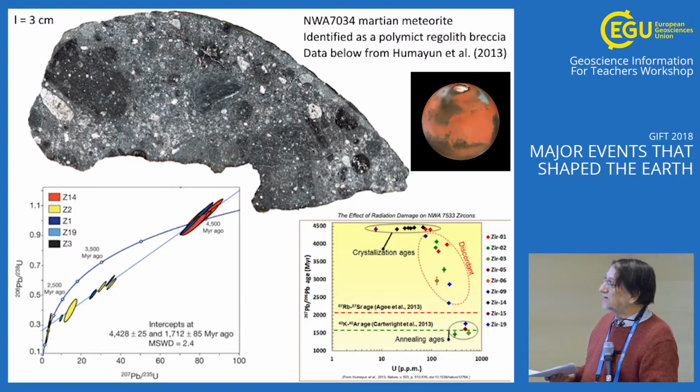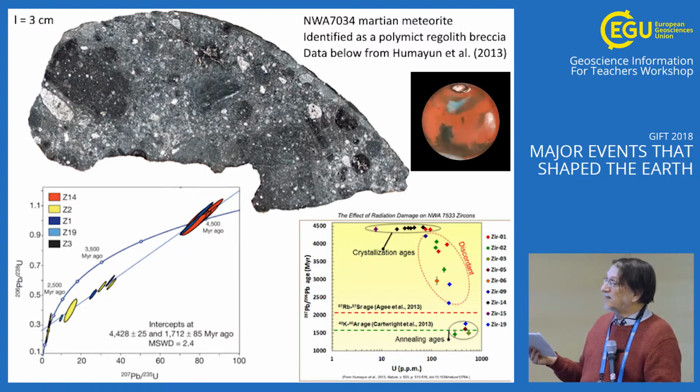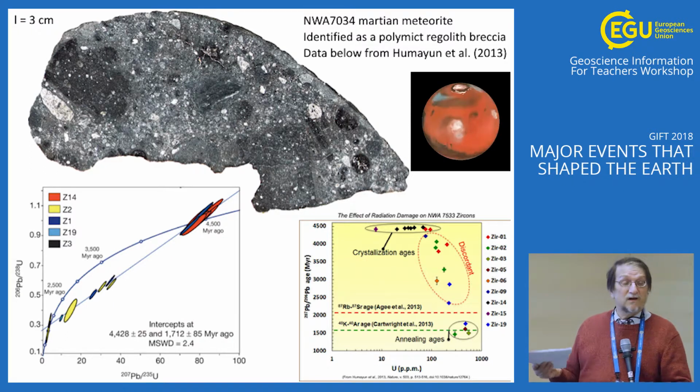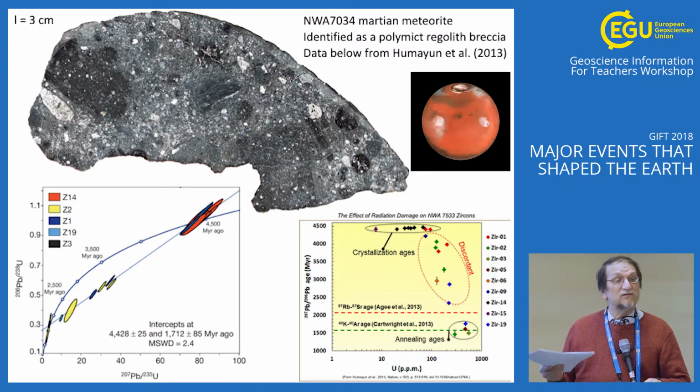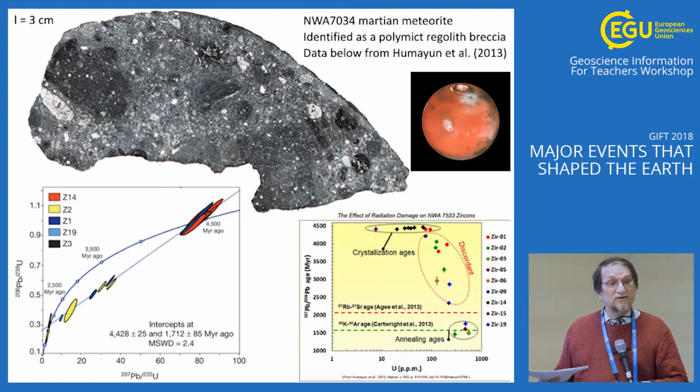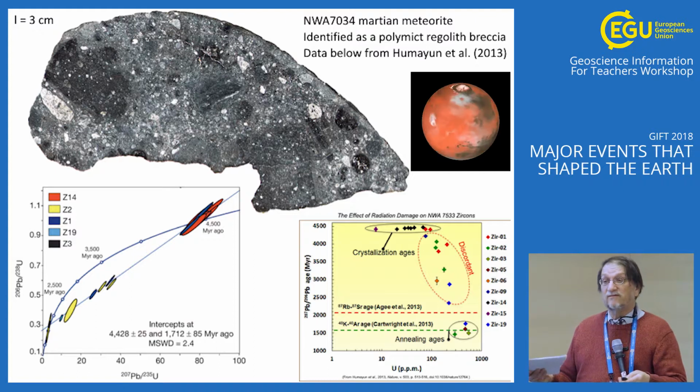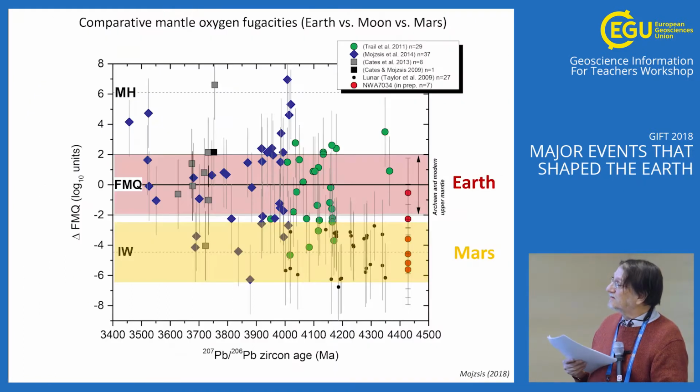And you can then figure out how they fit with not only the age, but also the oxidation, the oxygen fugacity for these ancient materials derived likely from Mars. And there they are. So you've got Mars materials.